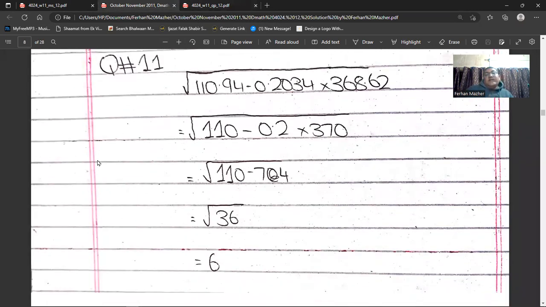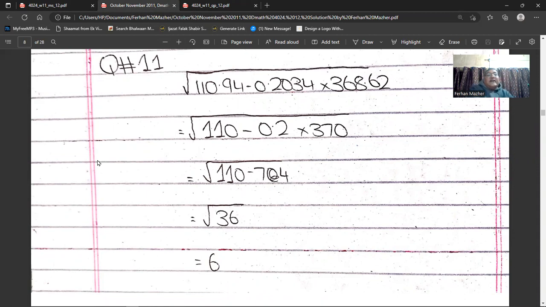So 110.94 to two significant figures will be 110, 0.2034 will be 0.20, and 368.62 in two significant figures will be 370.